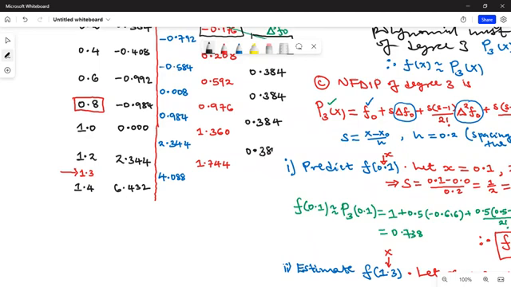So if this is our x naught, in this case now, this other one should be our f naught.